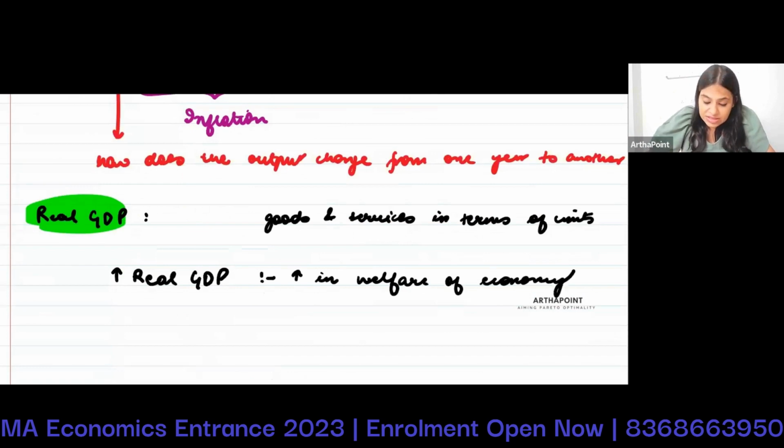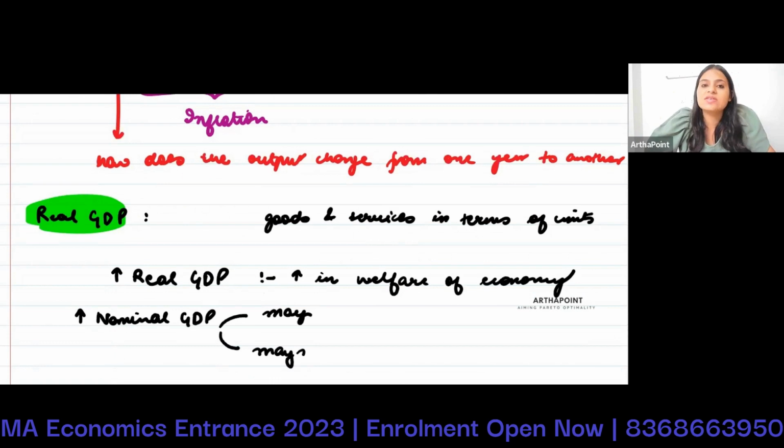But if there is increase in nominal GDP, then it may or may not be increase in welfare. Because nominal GDP can increase even when prices increase.